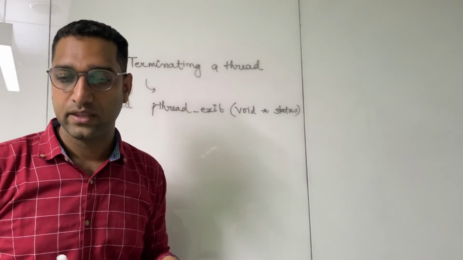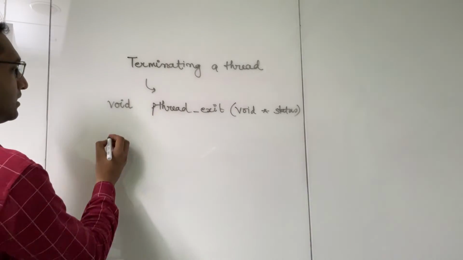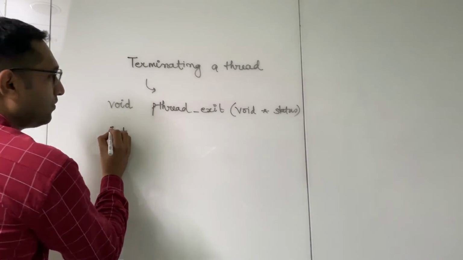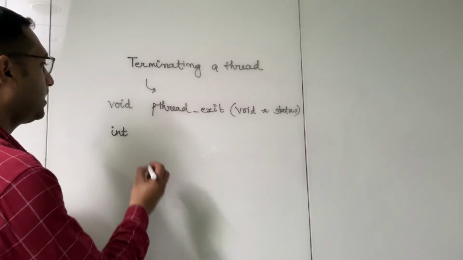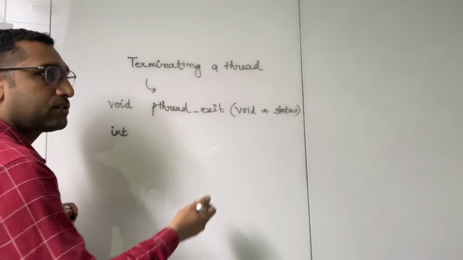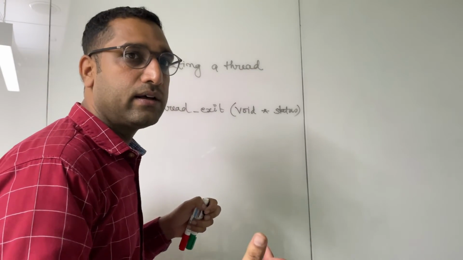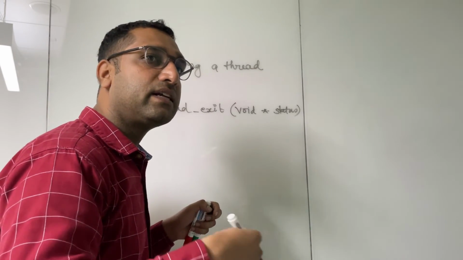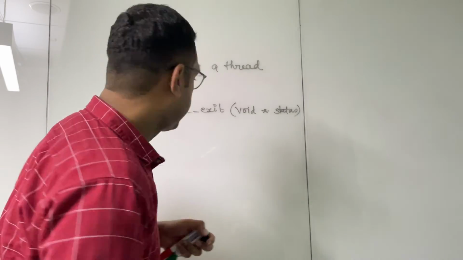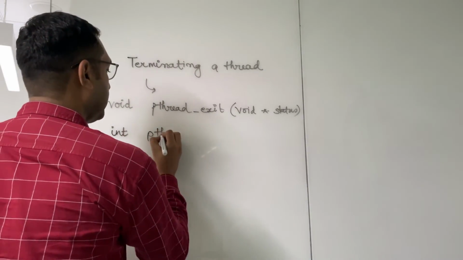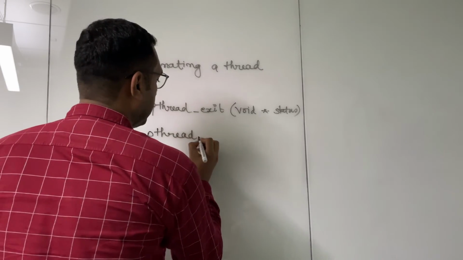Okay, getting it? And then there is pthread_cancel. So one was fulfilling the destiny, going through the whole lifetime that was intended. Other was calling pthread_exit, a thread calling it by itself to terminate itself. And then there is int pthread_cancel.